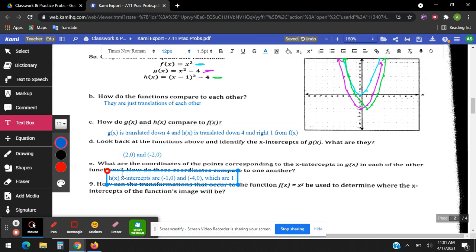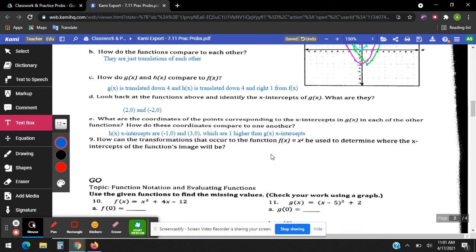That one's 3. -1 and 3. What I was looking at there. Which are 1 higher than g of x. X-intercepts, right? Which makes sense because we moved it over right 1 to do that.